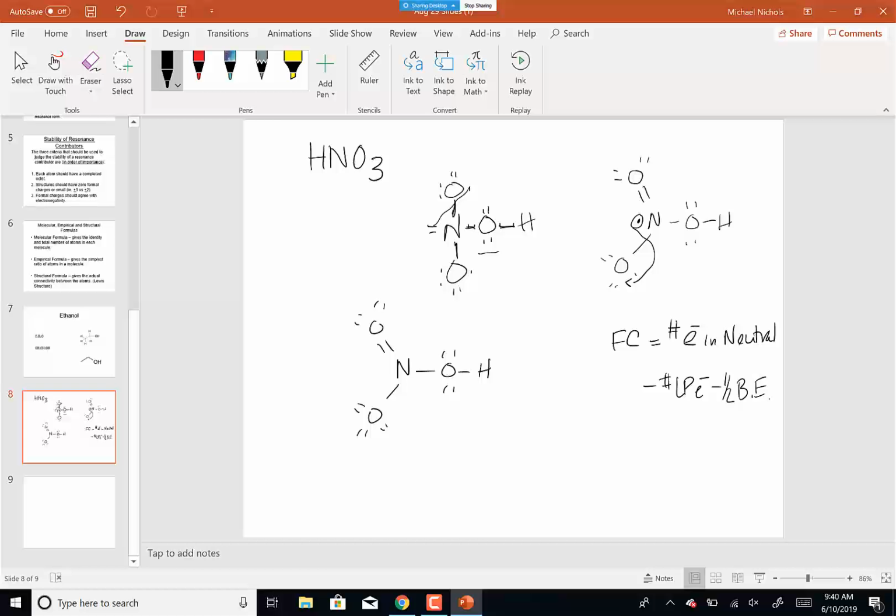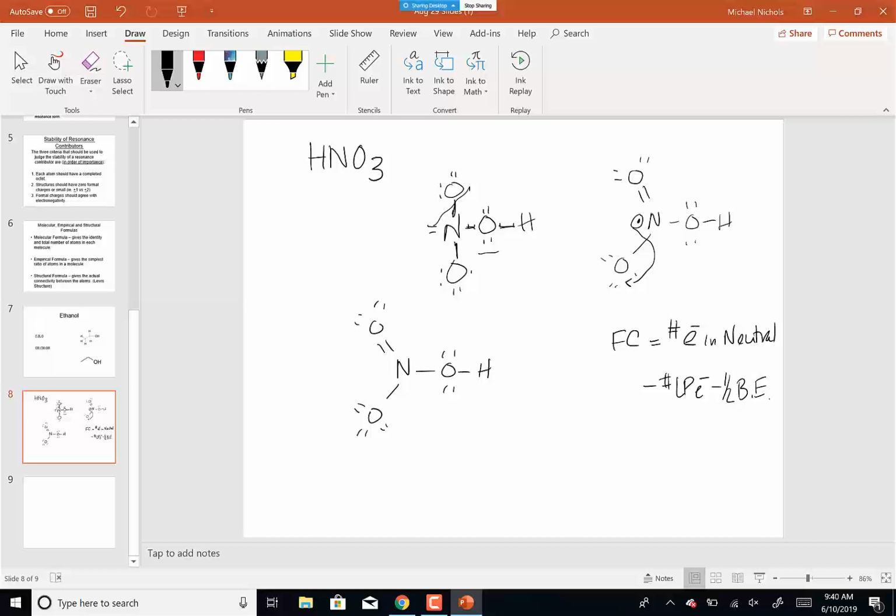Personally, I use a more qualitative approach. When the atom came to build the molecule, it brought a number of electrons. So nitrogen brought 5, oxygen brought 6, hydrogen brought 1. In the end, the nitrogens and oxygens share 8. But how many do they own? Everybody shares 8. How many do they own?